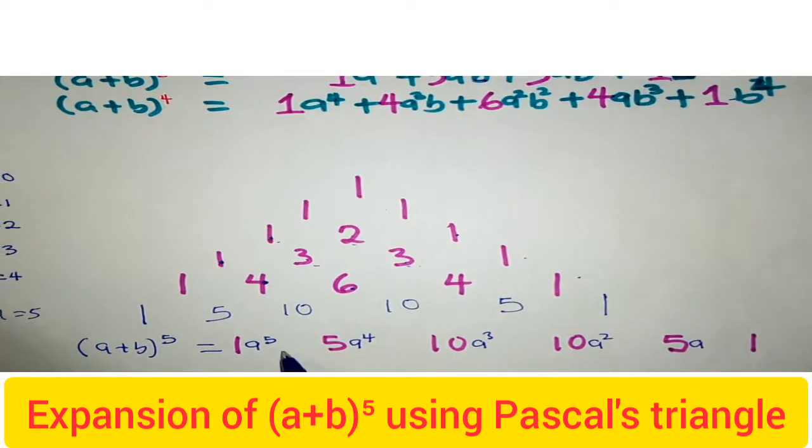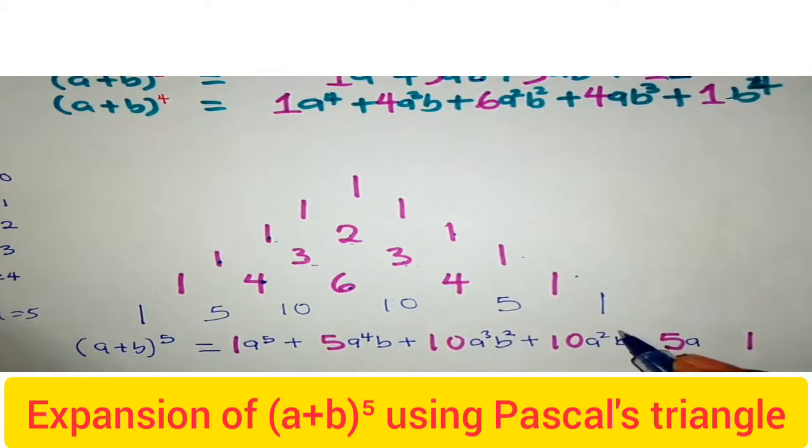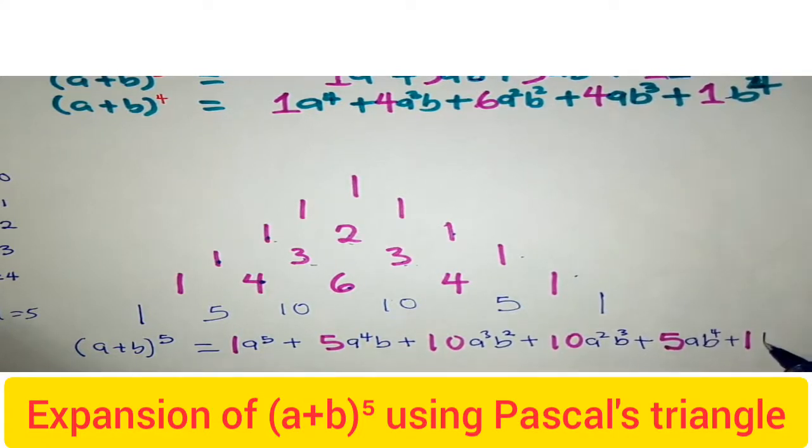Now the power of b increases from left to right. So we have b raised to power 0 here, which is 1, plus b raised to power 1, plus b raised to power 2, plus b raised to power 3, and then we have b raised to power 4, and finally b raised to power 5.